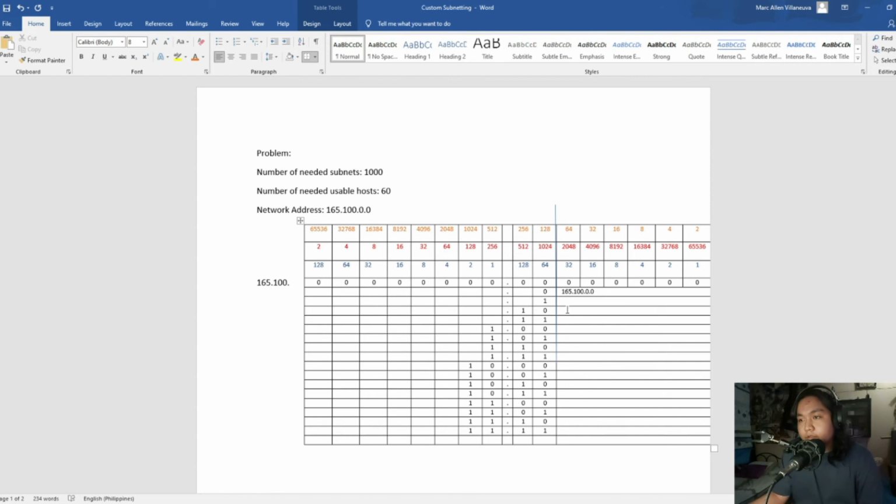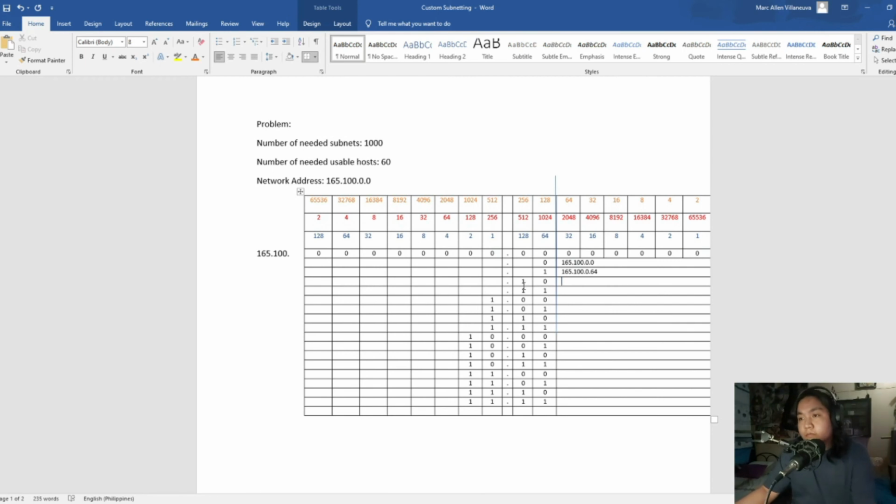Next, we need to write 165.100.0.64, since we don't have anything in our third octet, and since we have 1 here, we convert it to 64. Next, we have 165.100.0.128.